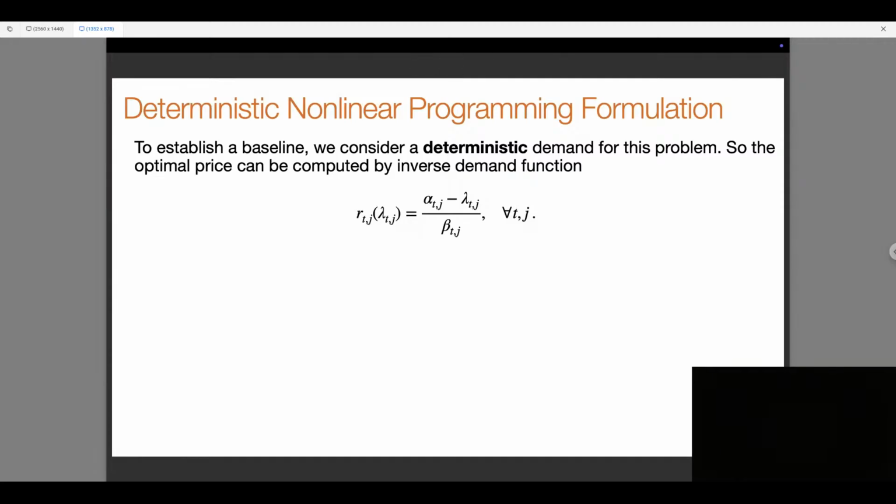If we want to establish a baseline, we consider a deterministic demand. That is, we know the demand, so the optimal price can be computed by the inverse demand function. Here, the inverse demand function is shown. The lambda_tj is known and deterministic.